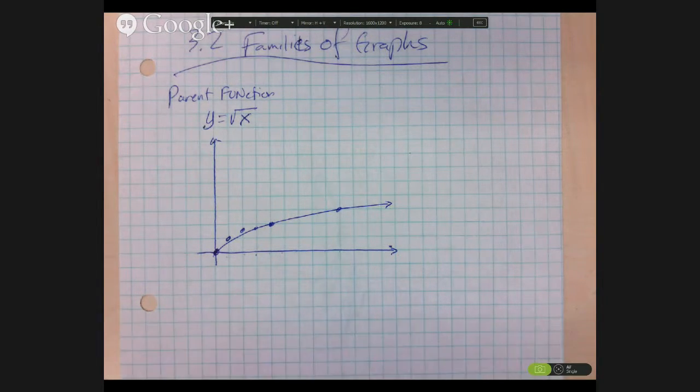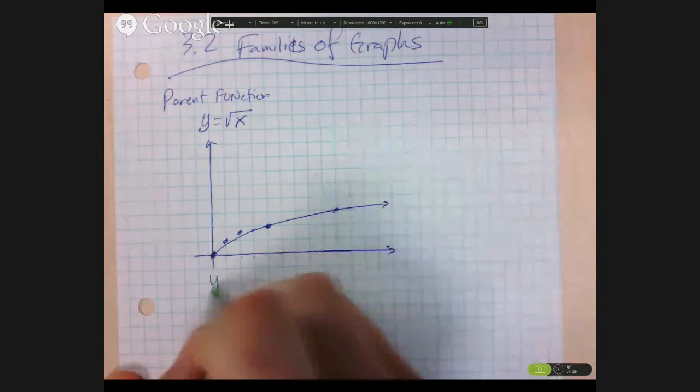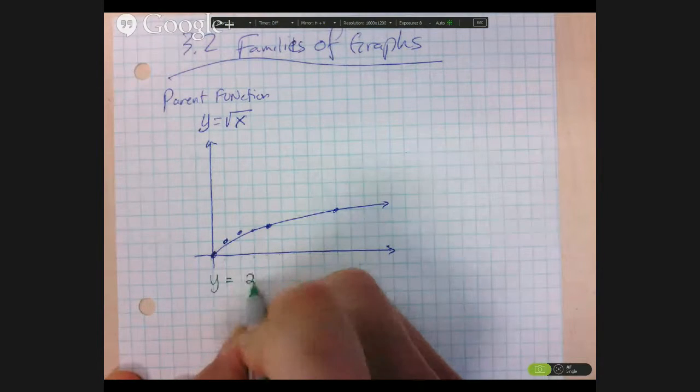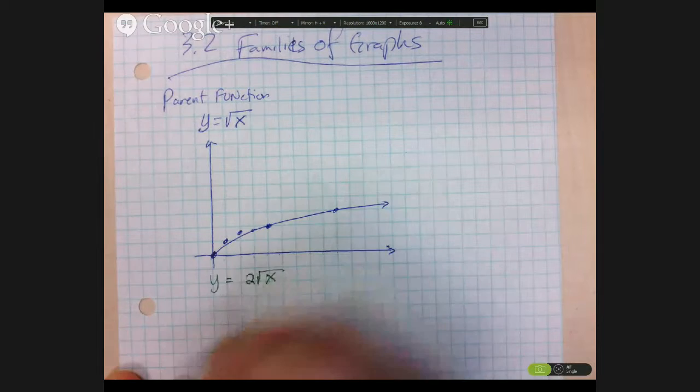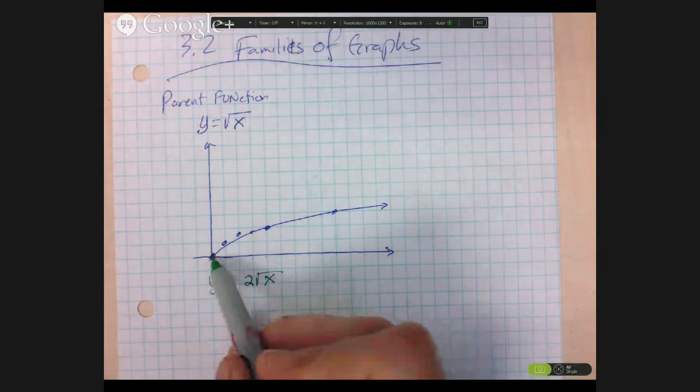What if I did something like that? What if I multiplied it by 2? Thank you for the correction in language. This multiplies each y value by 2. So 0 is gonna be the same, right?